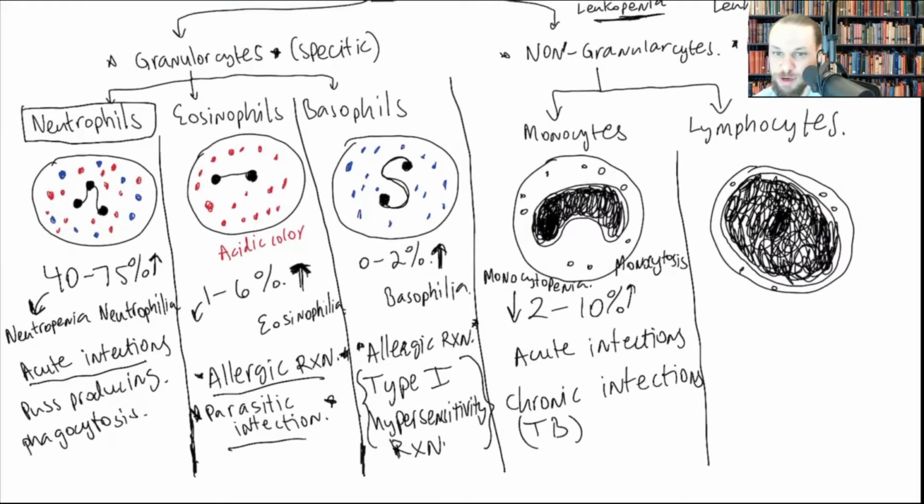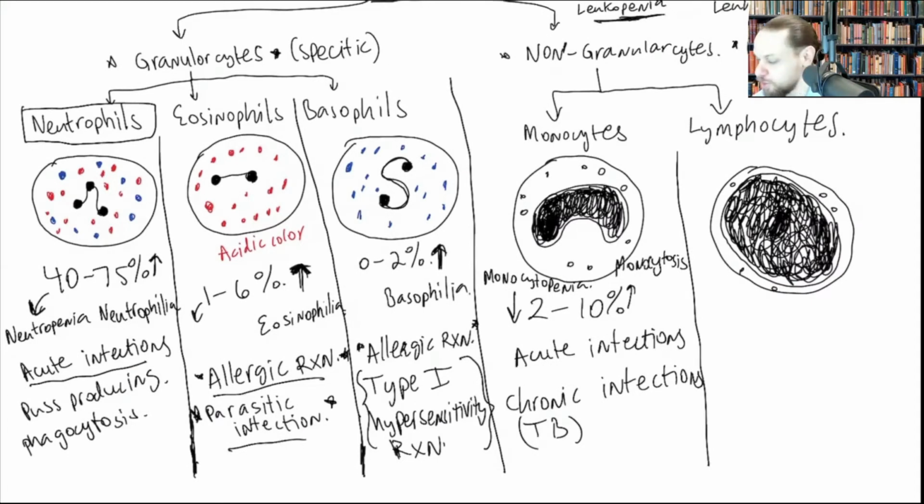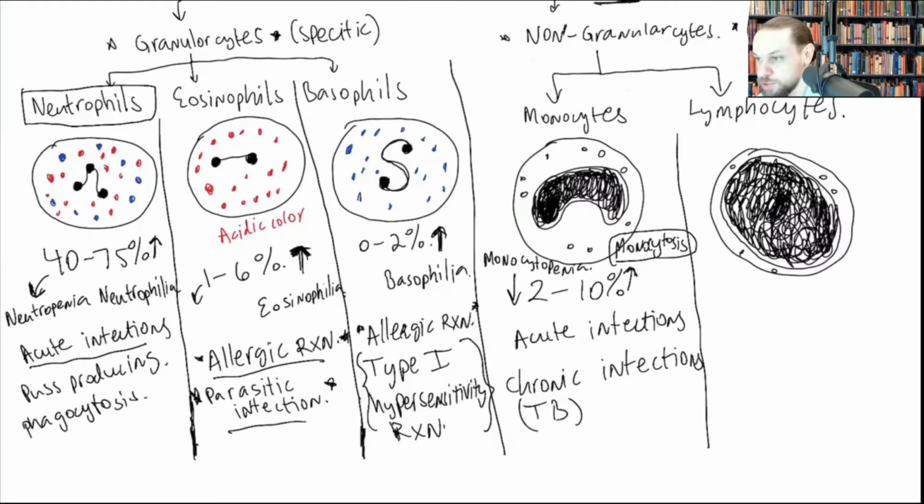Remember, for your non-granulocytes, the terminology changes when it's an elevation. When you have non-granulocytes, elevation is monocytosis, as opposed to all your granulocytes, which were neutrophilia, eosinophilia, basophilia, right? So this is what you want to keep in mind.